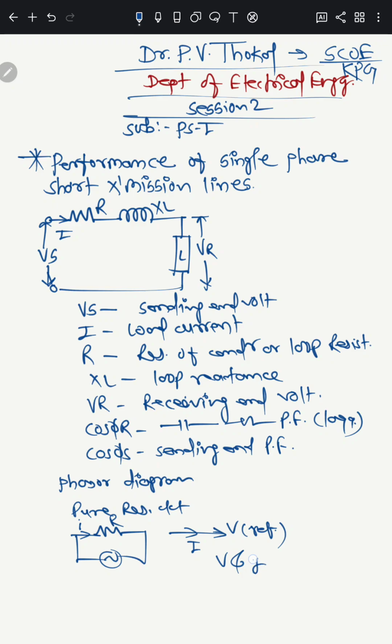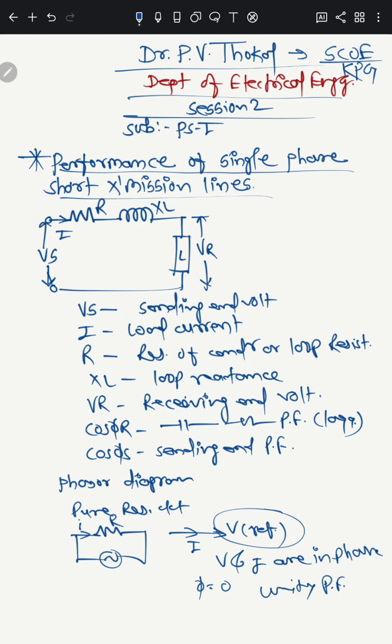Voltage and current are in phase, which means phi is equal to 0, and from that you will get unity power factor.